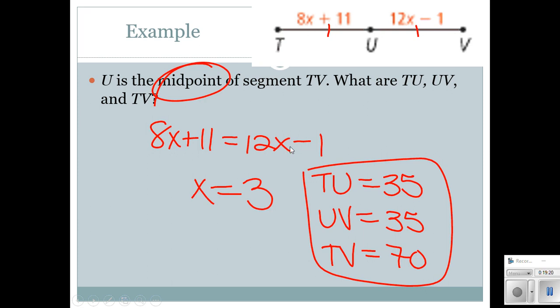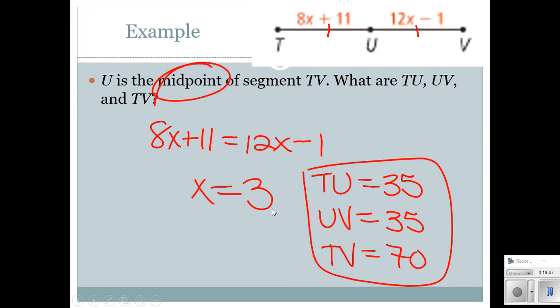So these two are equal to each other. You put the equal sign between these two and you solve for x. Subtract 12x, which is negative 4x. Subtract 11, that's negative 12. So negative 12 divided by negative 4 is positive 3. So 3 is the answer.